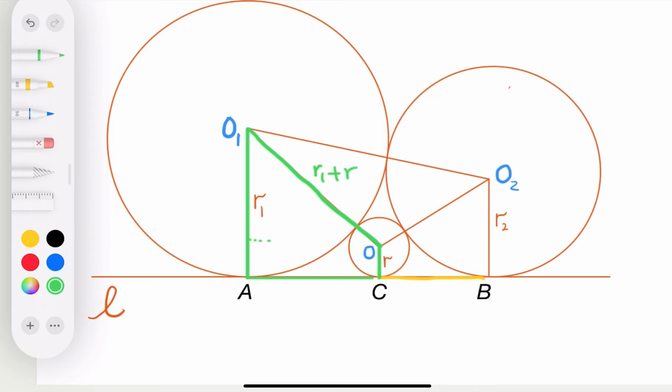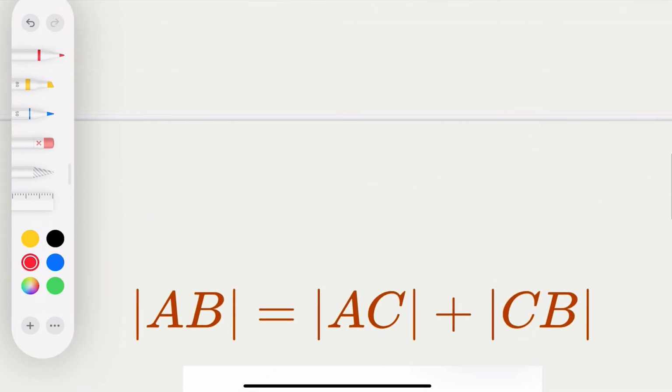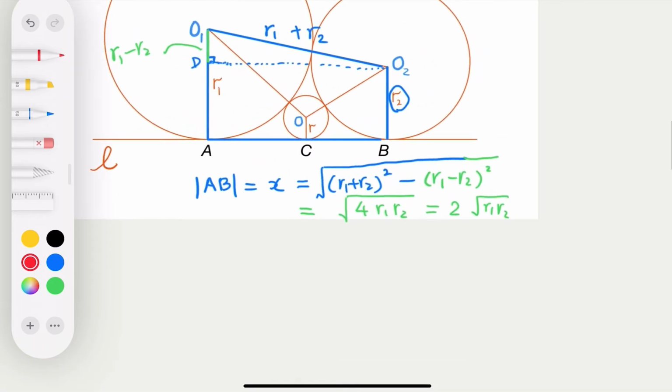You can claim that the length of AC equals the length of, let's say E, and here this is going to be the difference, so this part is going to be R1 minus R. You use the same logic, and the length of AC would equal 2 square root of R1 times R. The steps are identical to the previous logic here.